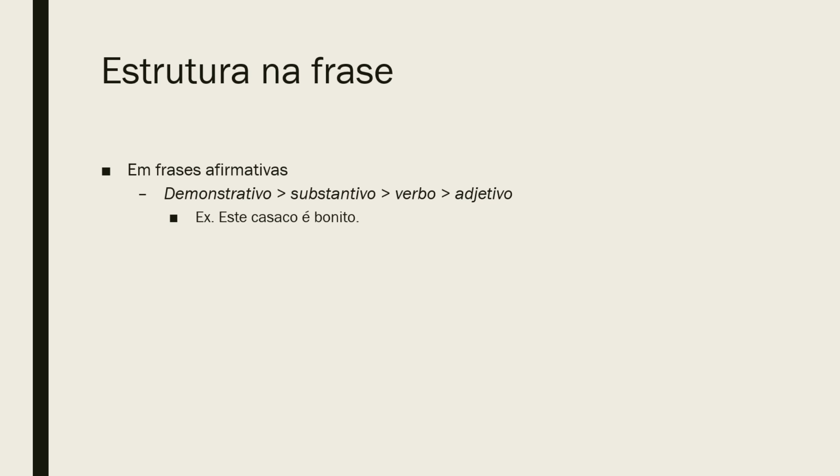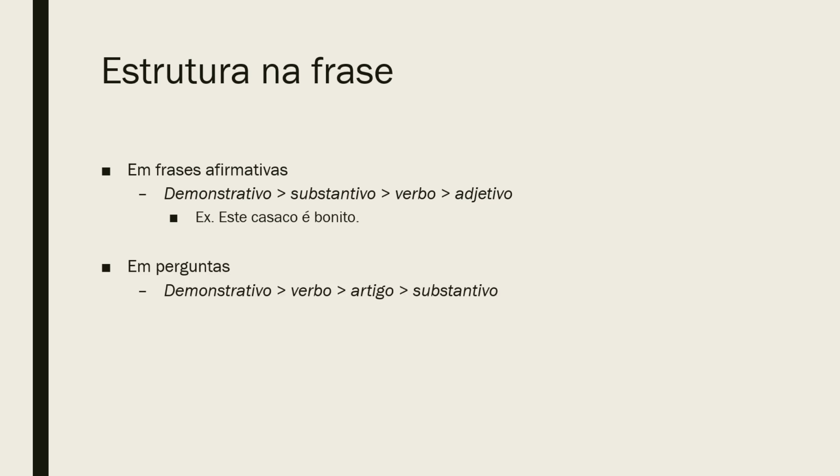And as you can see, that is exactly what you have there. Demonstrative, este, substantivo, casaco, verbo é e adjetivo, bonito. And one thing to note here again is that casaco is a masculine, so naturally, not only my position regarding the object do I need to mind, but also the gender and number of the object, because I need to match my demonstrative with it.